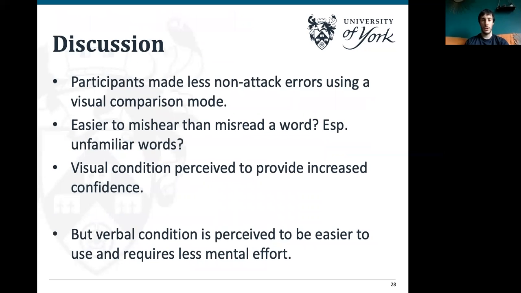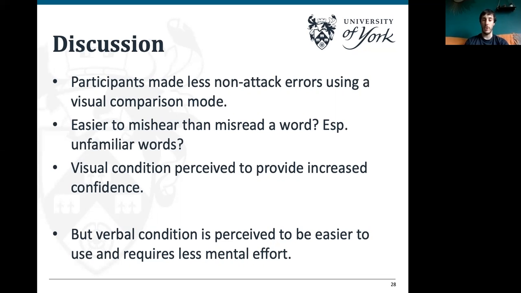So in terms of discussion, participants made fewer non-attack errors using a visual comparison mode. One explanation for this is that it is easier to mishear than misread a word, especially if comparing unfamiliar words, as is often the case in the trustworthy wordlist, as used in strategic privacy. The visual condition was also perceived to provide increased confidence.